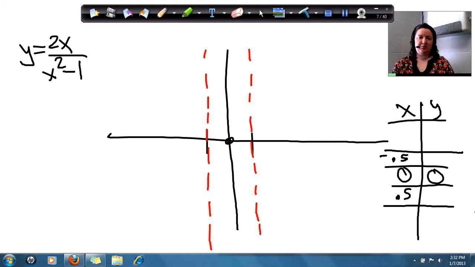So if I plug 0.5 into that function, I'll take 2 times 0.5, that's going to give me 1. And then I have 0.5 squared minus 1, it's going to be a negative 0.75. So if I divide those, that's going to give me a negative 1/3.